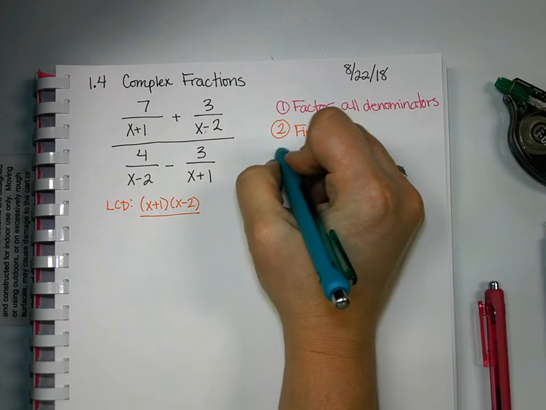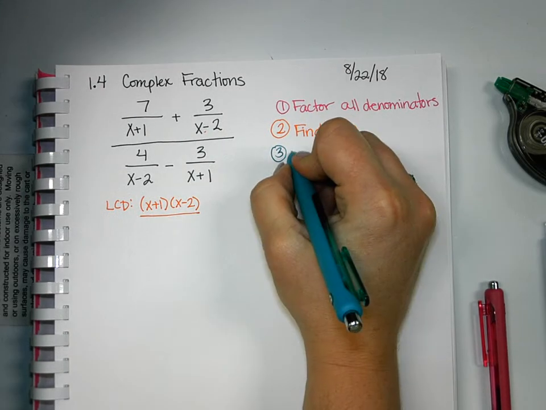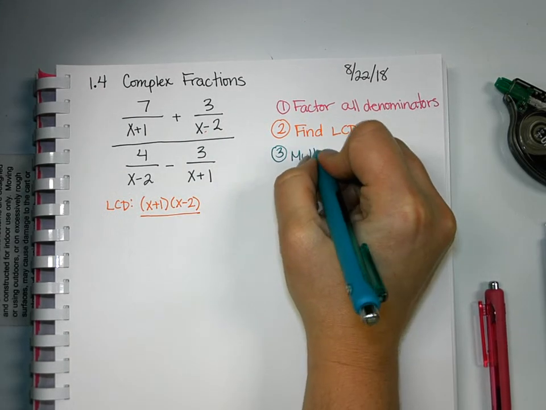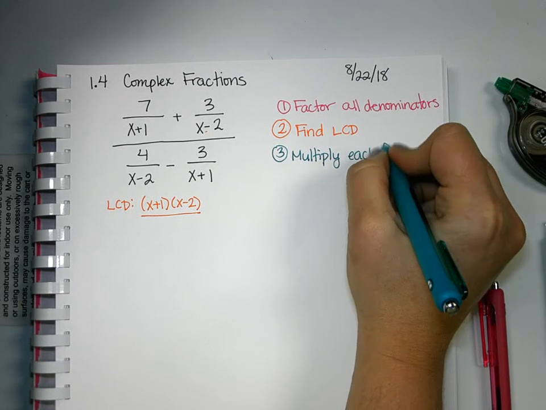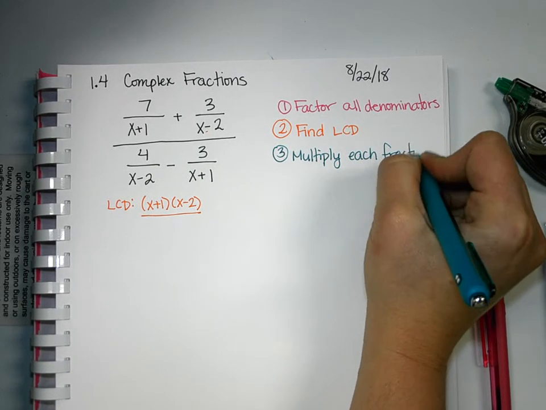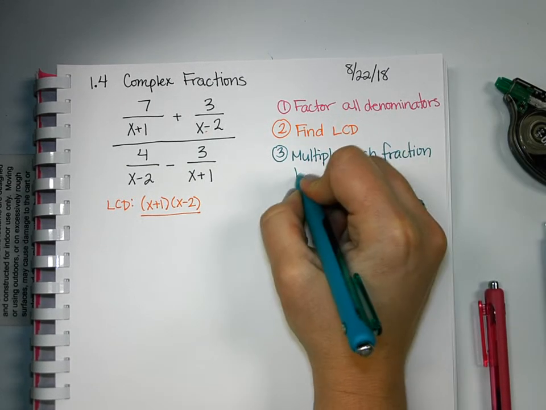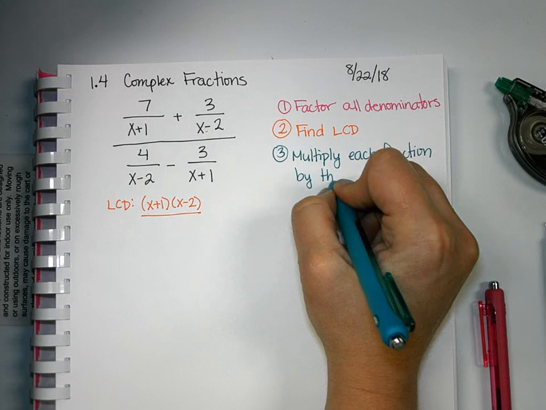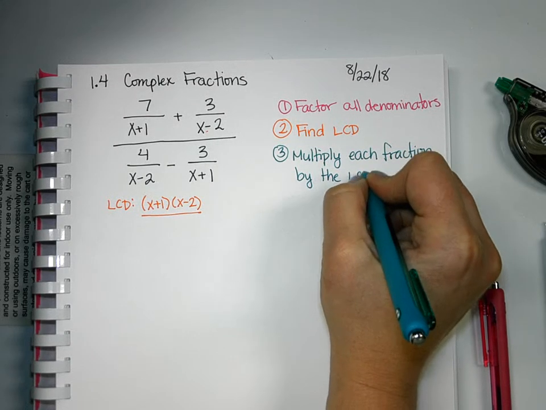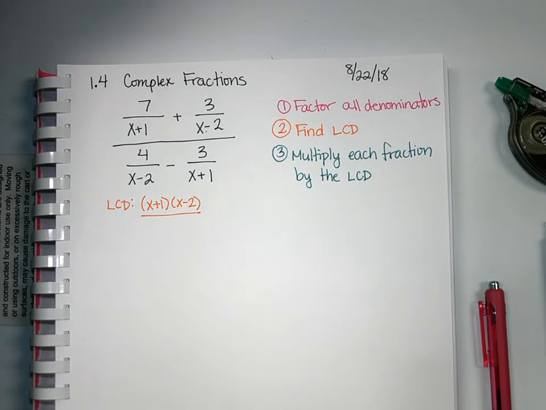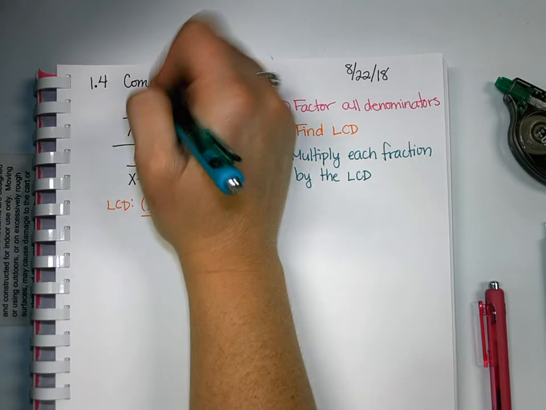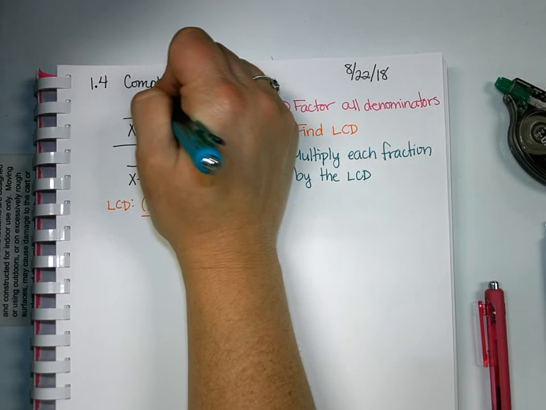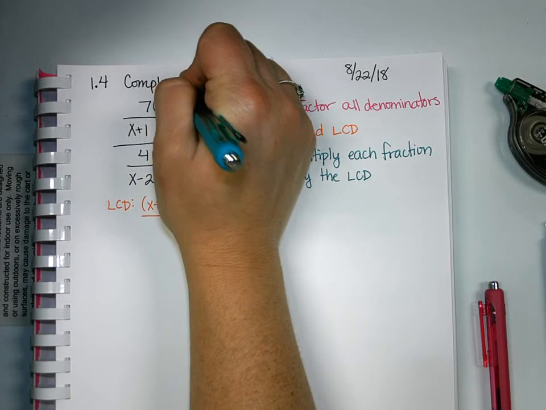This third step, you're going to multiply each fraction by the LCD. So that means I'm going to take this fraction up here and multiply it by x plus 1, x minus 2.